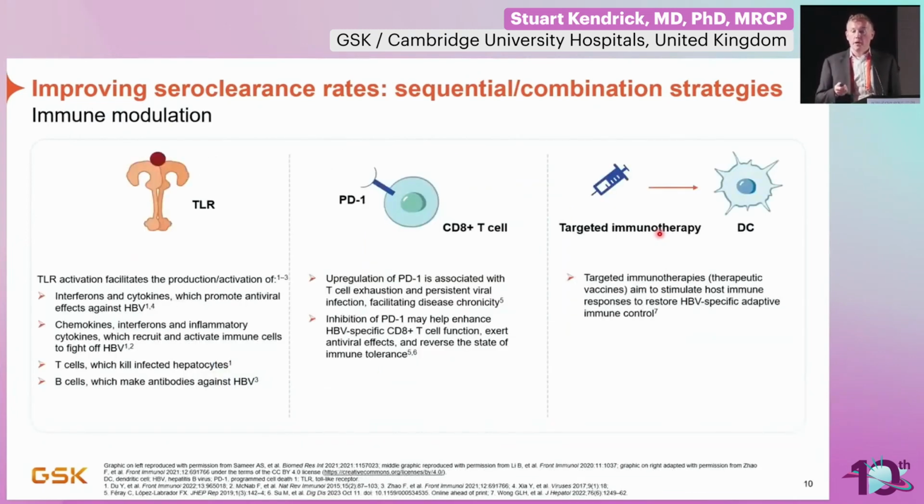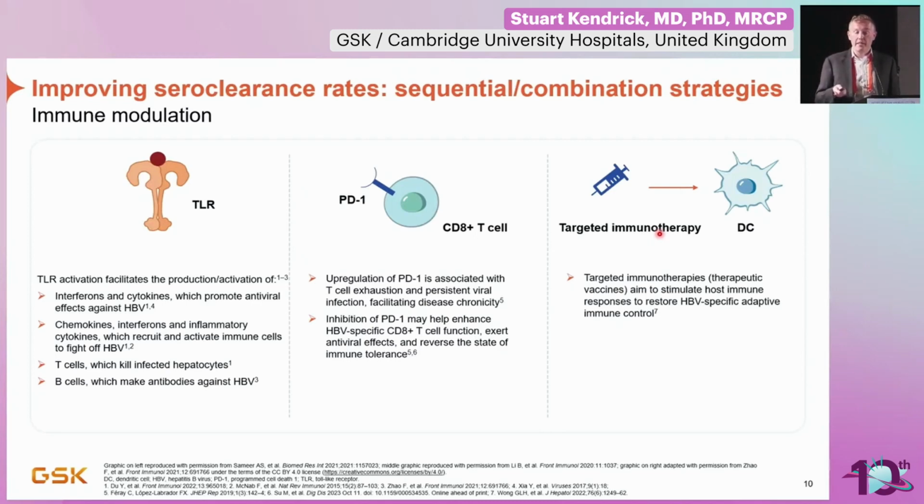Lastly, by sequencing with immune modulation, we've also got the opportunity to increase durability with either non-specific or specific strategies. We've already heard a lot about these, but potentially sequencing Bepi with a TLR agonist like a TLR8 agonist could produce additional non-specific immune activation.